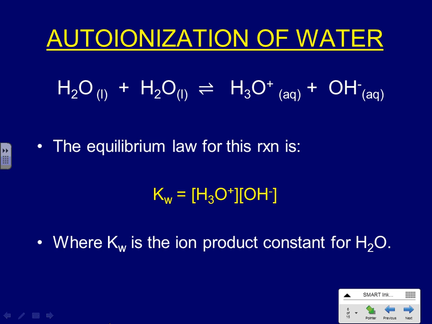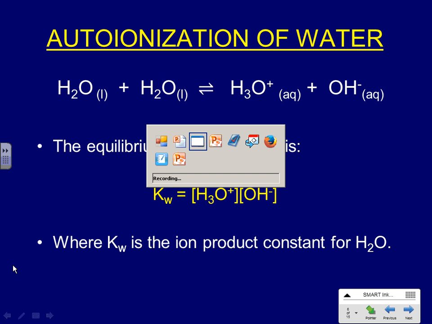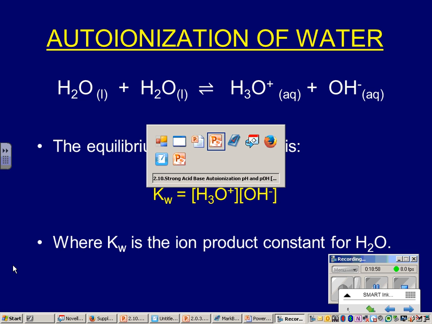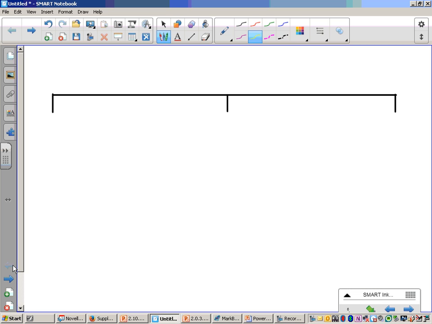All right? Now let me switch over to Smart Notebook here and change things a little bit. I want to talk about the pH scale in this case. And I think I want the black pen today.